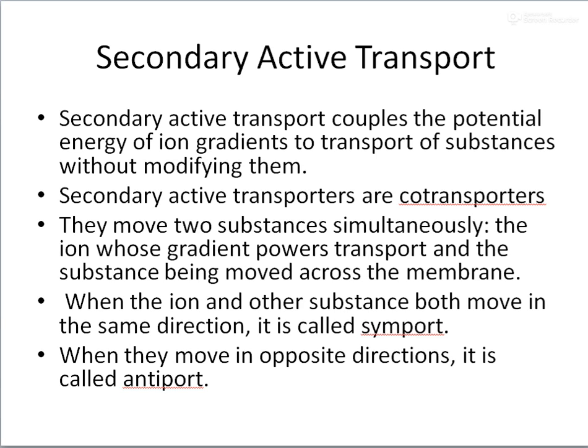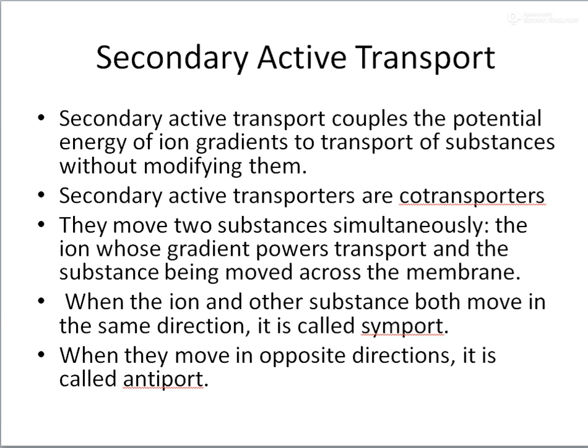The substance is not getting modified, but there would be an ion gradient when the substance is also being transported. In other words, they are considered to be cotransporters. That is, they move two substances simultaneously: the ion whose gradient powers the transport, and the substance being moved across a particular membrane.